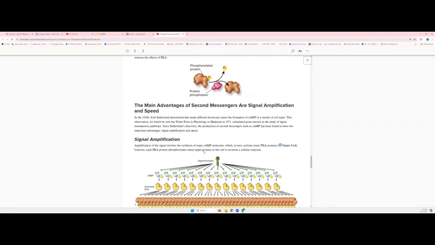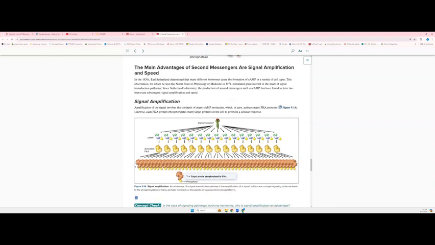So why is this second messenger very important? Because it can amplify the signal and the speed. What do I mean? Signal amplification. During this signal amplification, they involve the synthesis of a lot of cAMP molecules, right?